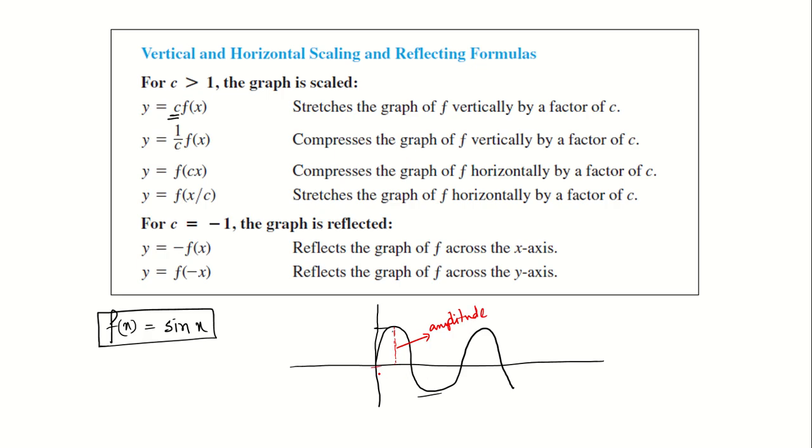Then this length is called the period of the function. We can consider the first local maximum point. These are the maximum points. This one is also the length of the period.